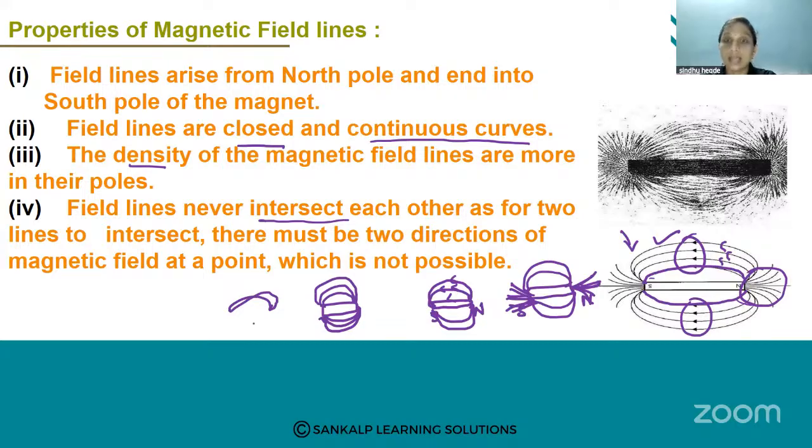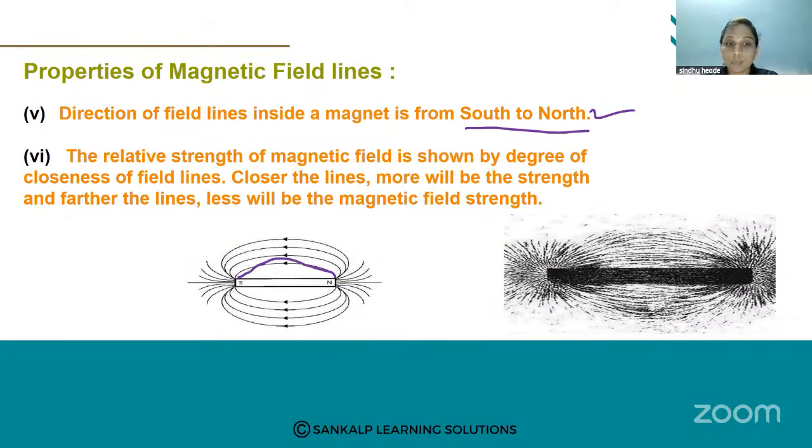But when you come to the concept of inside the magnet, see, these all are outside magnet lines. These all show the magnetic field lines generated outside the magnet.